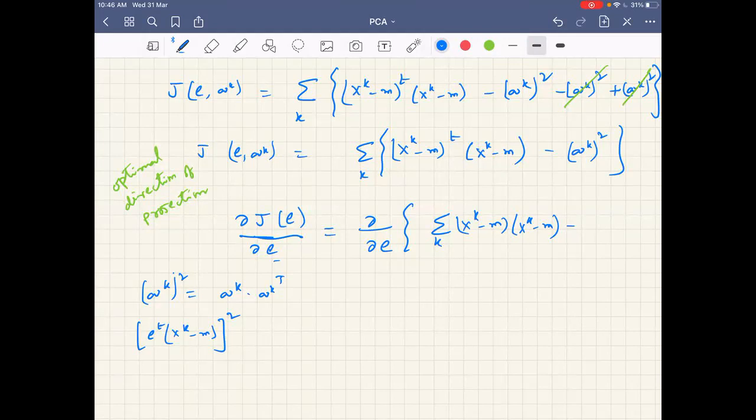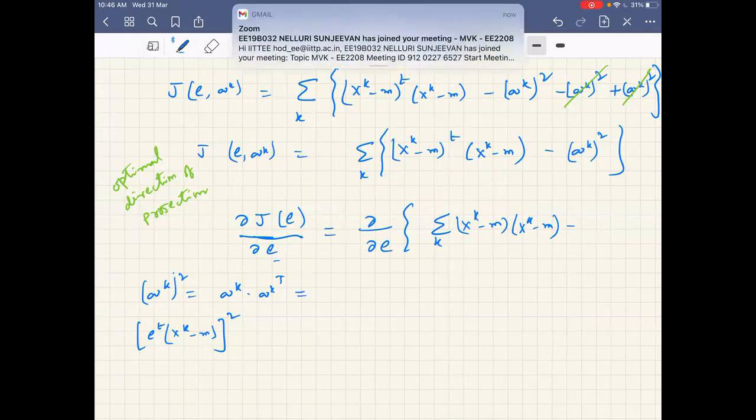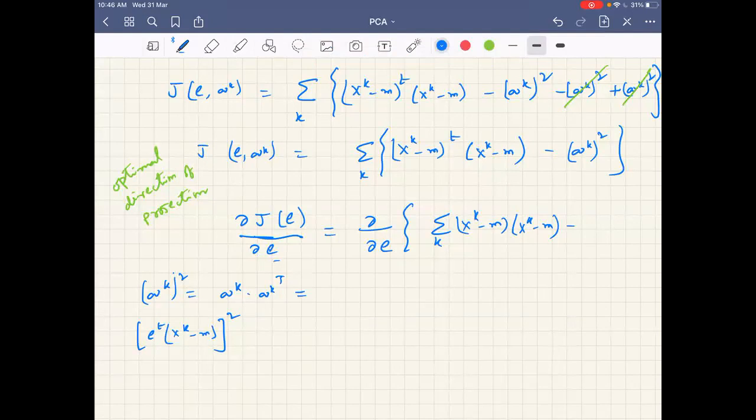Okay, that's the intuition. I can write it both ways, but here for the benefit of my derivation I am writing AK into AK transpose. Now I will start substituting.